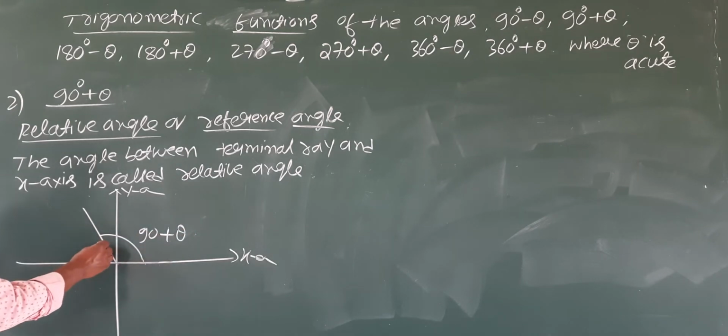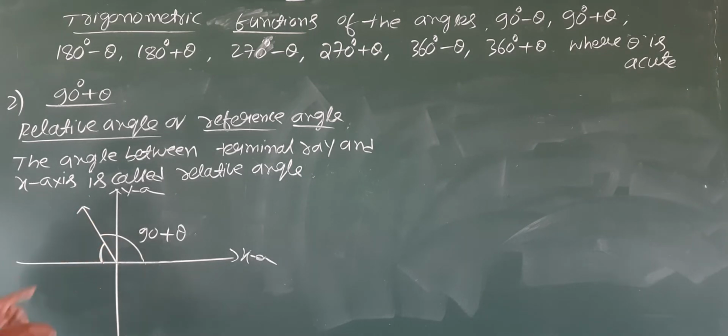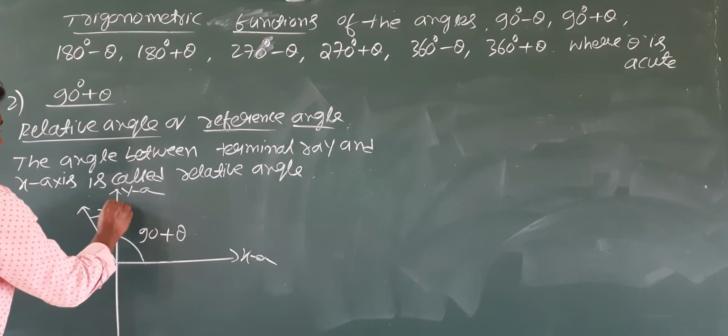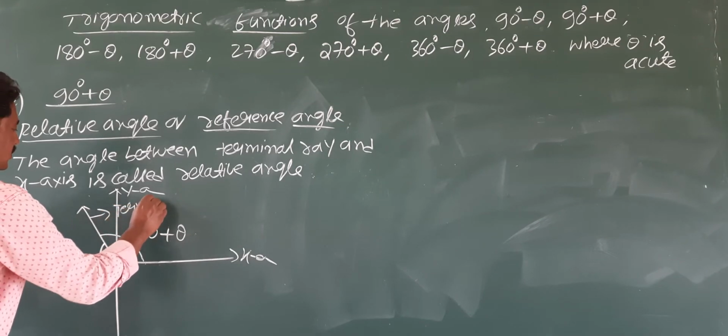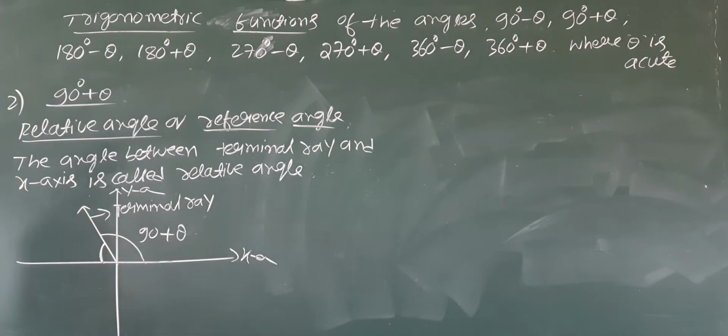This ray is called the terminal ray. The angle between the terminal ray and the x-axis is called the relative angle, the reference angle.